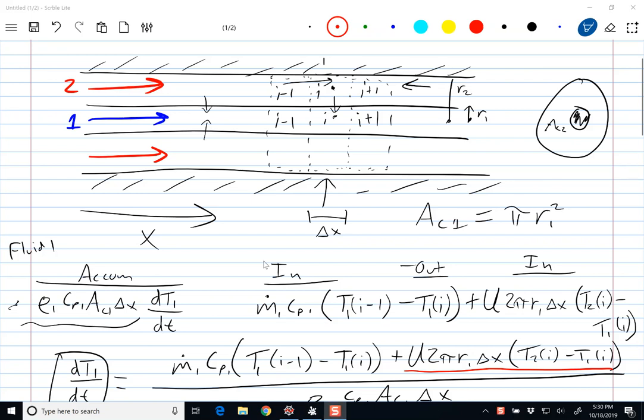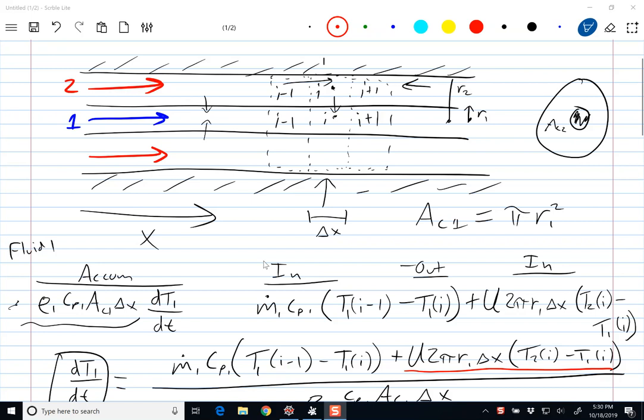In this video lecture, we are going to be simulating dynamically a double pipe or concentric tube heat exchanger. In the last video lecture, which you can find in the video description at the link below, we went through and derived the equations for this double pipe heat exchanger.